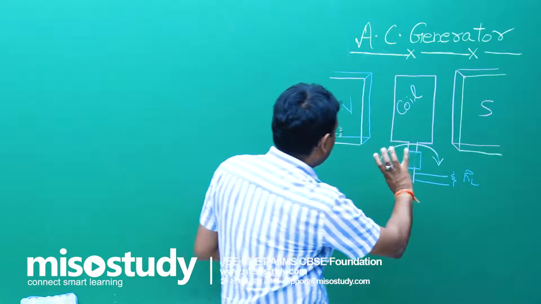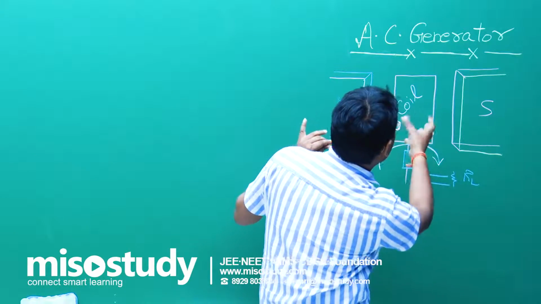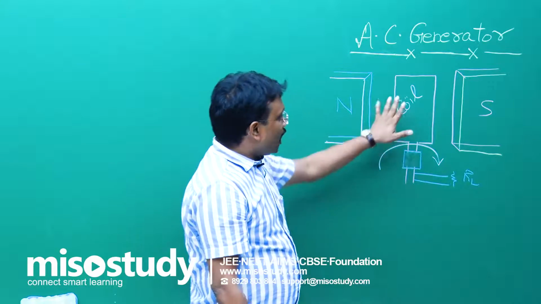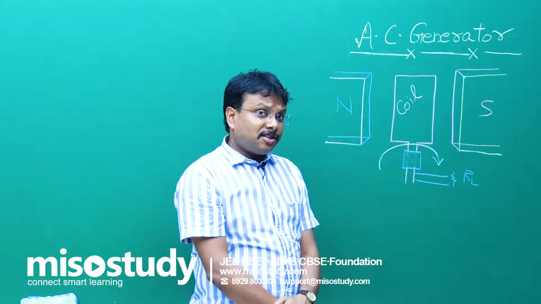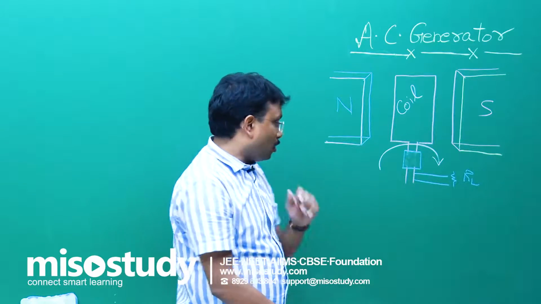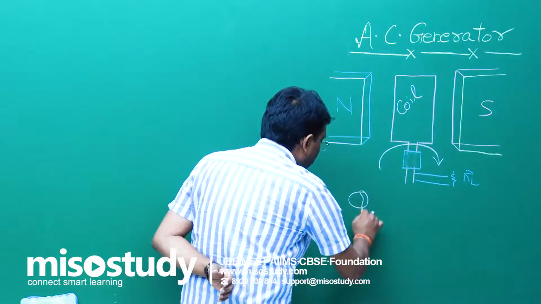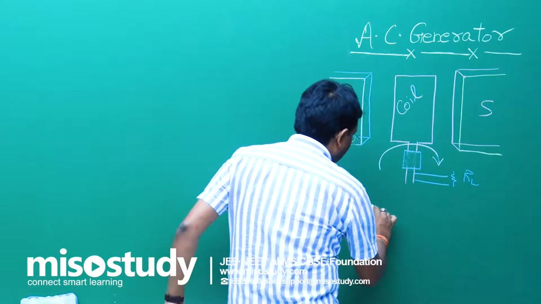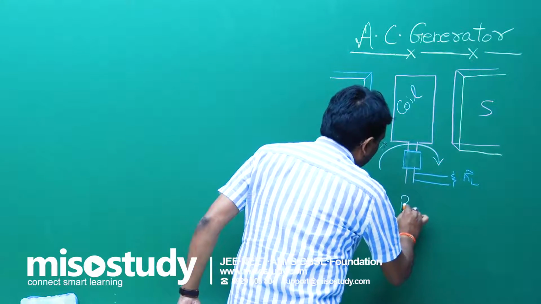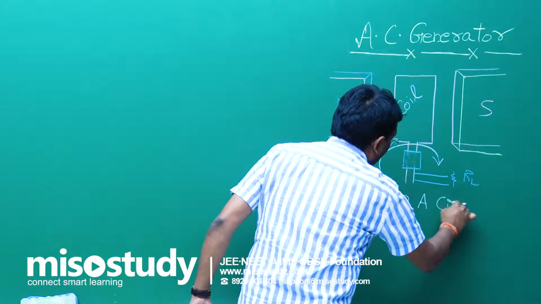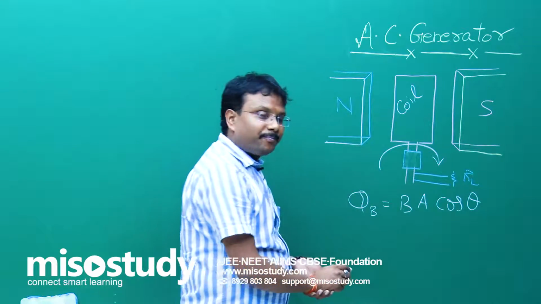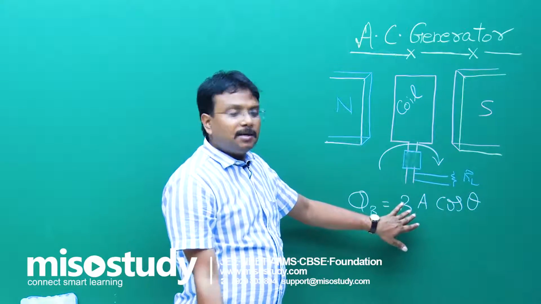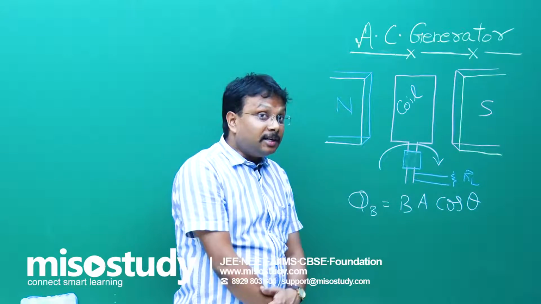If I am taking the front view, then it is in clockwise fashion. So, ultimately flux is changing, phi B, because phi B is equal to B A cos theta. Now, B is not changing, area is not changing, but theta is changing.